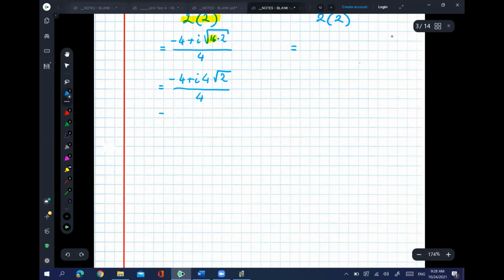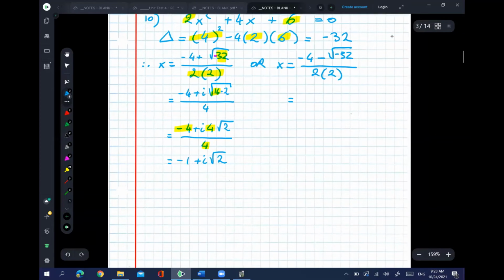And I'm going to apply that division by 4 to both: negative 4 divided by 4 is negative 1, and here, 4 divided by 4 cancel, it's just 1, so this is what I'll have.